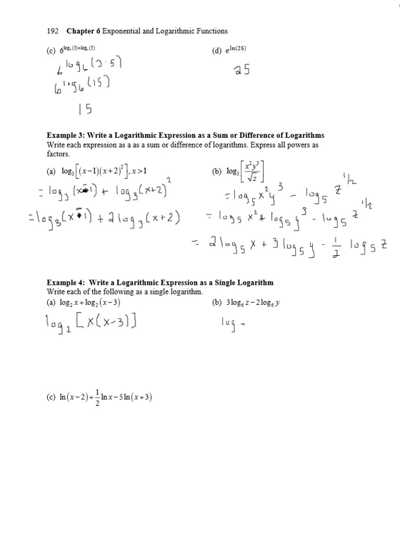So we have log base 6 of z cubed minus log base 6 of y squared, and that's going to equal log base 6 of z cubed over y squared.